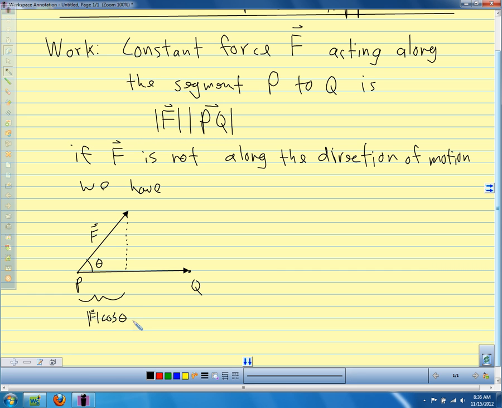So the work done in this case equals the magnitude of F times the cosine of theta. That's the force in the direction of motion, times the distance that we move, the magnitude of PQ. And if I rearrange this, what do I get?